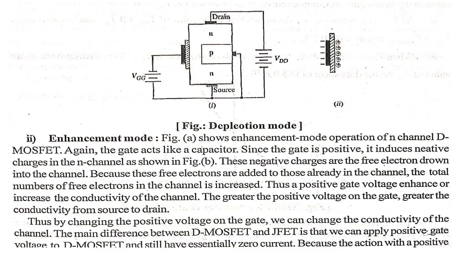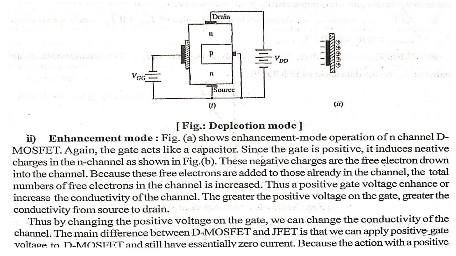At some value of VDS, the depletion region increases in such a way that there is a narrow region in the channel, hence the current ID will become constant. That is about the operation of this depletion mode D MOSFET.